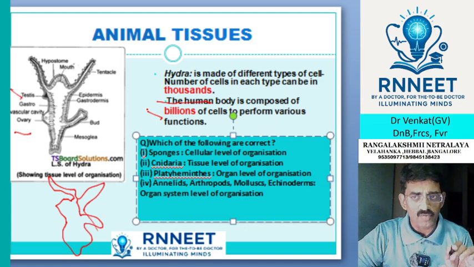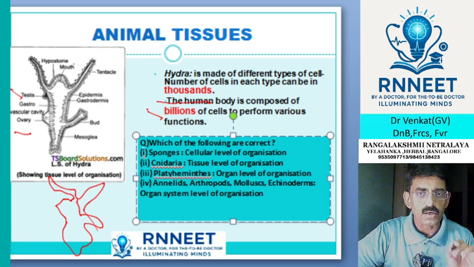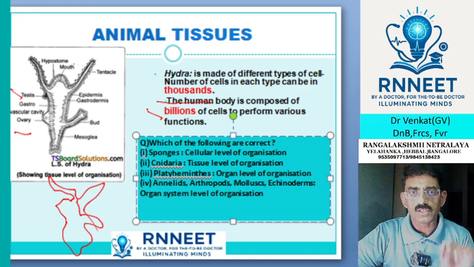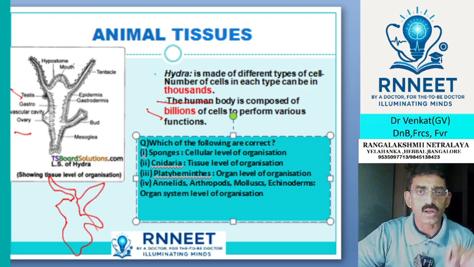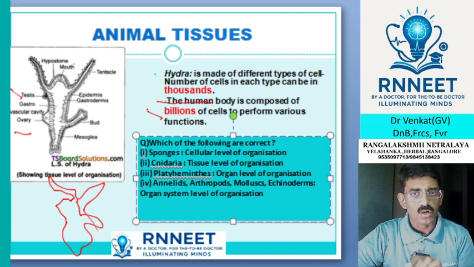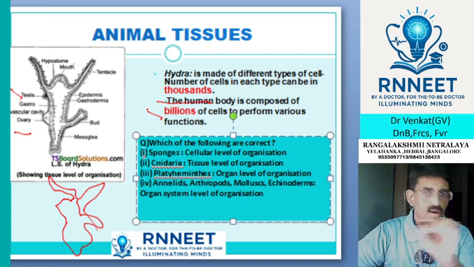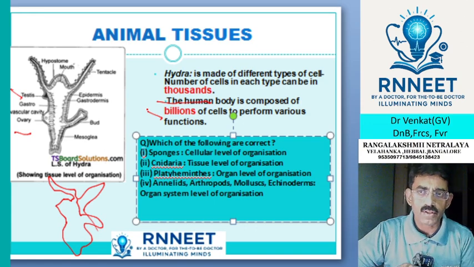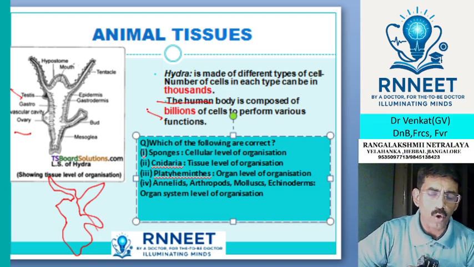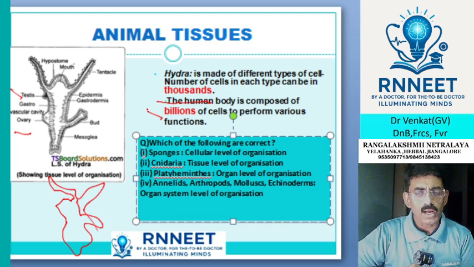Sponges show cellular level of organization, Cnidaria tissue level of organization, Platyhelminthes organ level of organization, Annelids, arthropods, mollusks, echinodermata, all organ system level of organization. Which of these is correct? Put it in the comment section. See whether you are able to revise your animal kingdom.